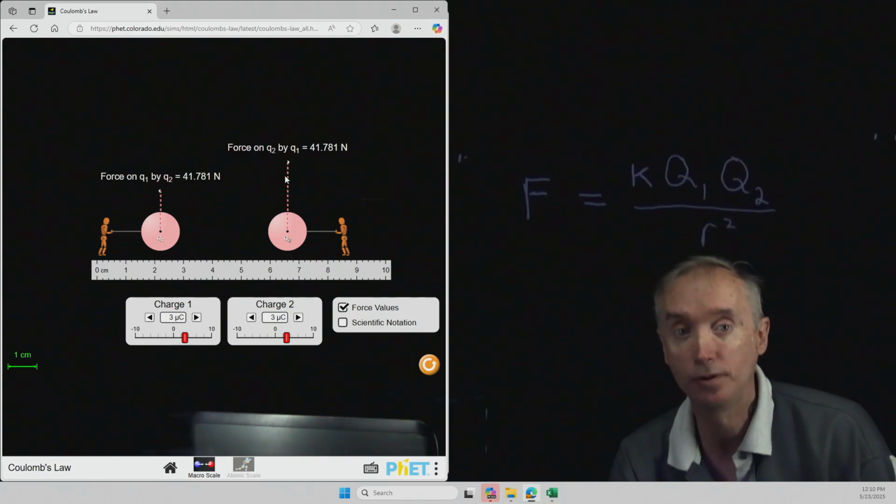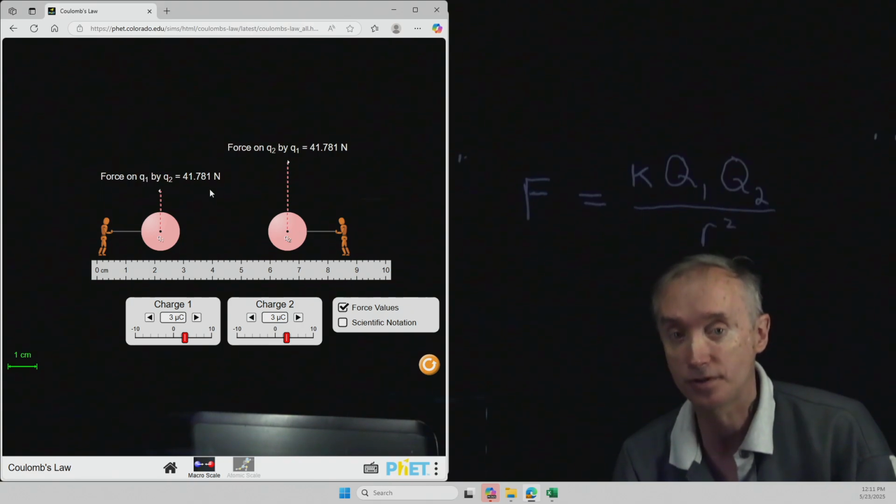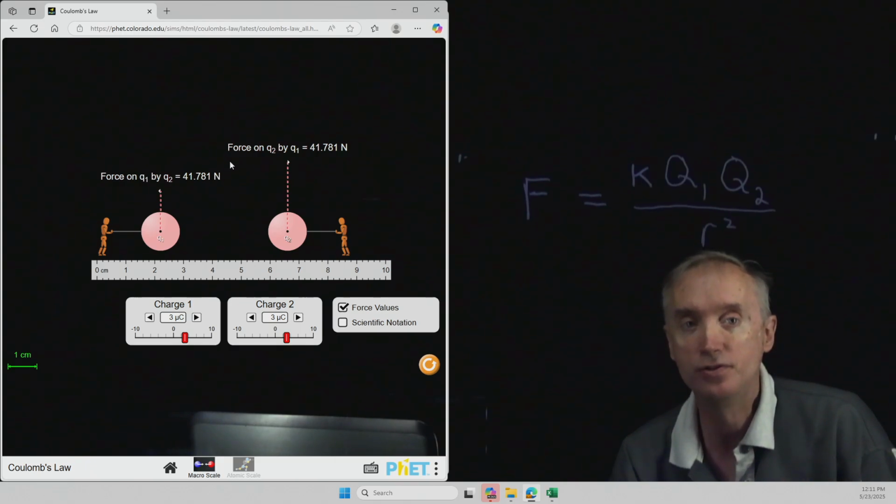They're the same number. Okay, now later we're going to find out that this is one of Newton's laws of motion. So this is the third law of motion, which says that for every action there's an equal and opposite reaction. So if one ball is pulling on the other ball, then the other ball is pulling on the first ball. So what I want you to do is just to ignore one of these numbers.